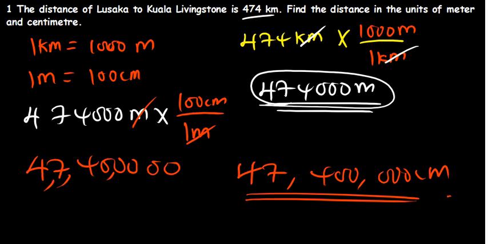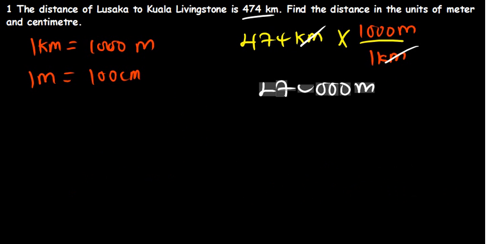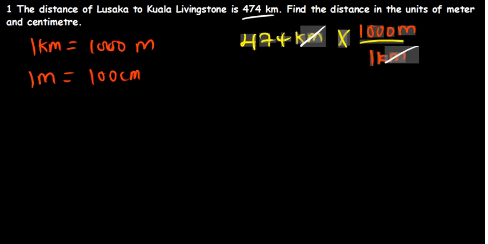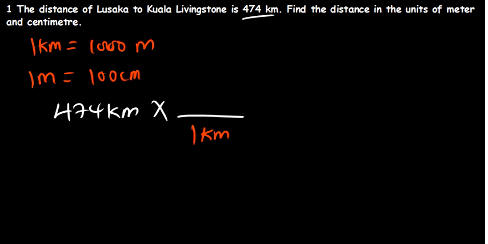But again, you can come direct from kilometers to centimeters. Let me show you. This is what you're going to do. I'm going to write the 474 kilometers. What I'm going to do now is set the units in such a way that they cancel each other. I will first convert this to meters, meaning in 1 kilometer I have got 1000 meters.